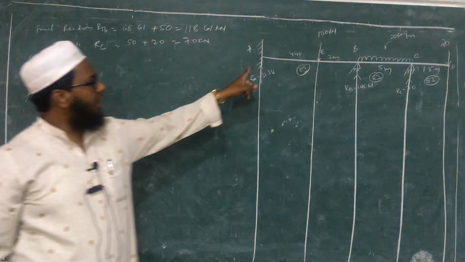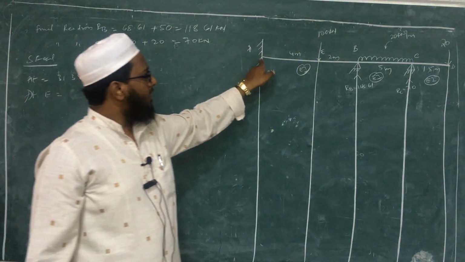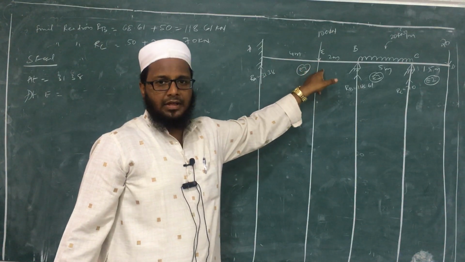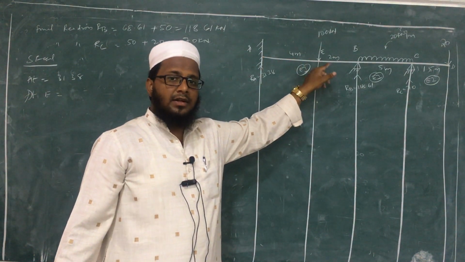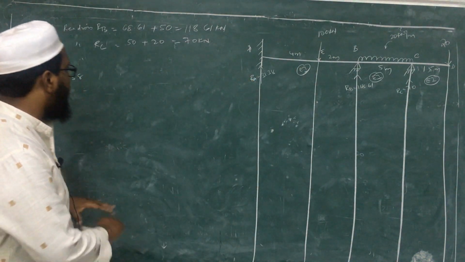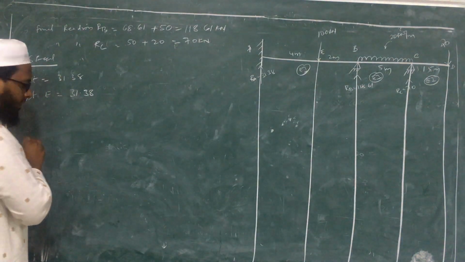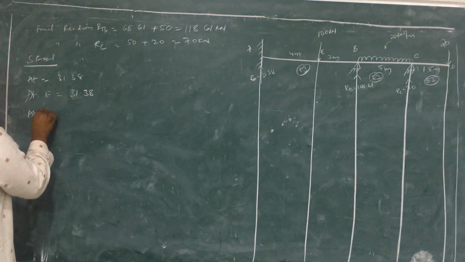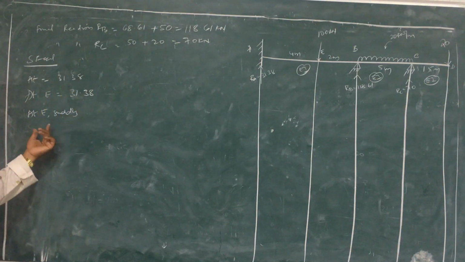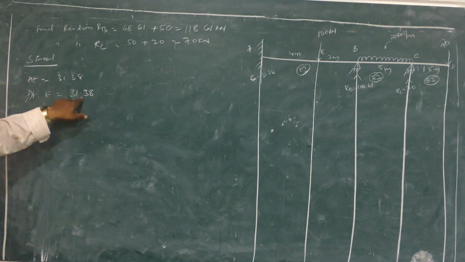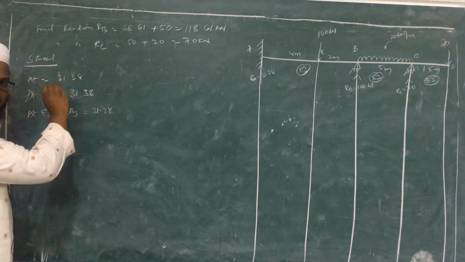What about shear force at E? I am coming from A to E, isn't it? Do we have any force in between A to E? No force. So what I will do now is write down the previous value. What is the previous value we have? 31.38, isn't it? Now since we have a point load there, I will write here at E suddenly, what is the previous value? 31.38.